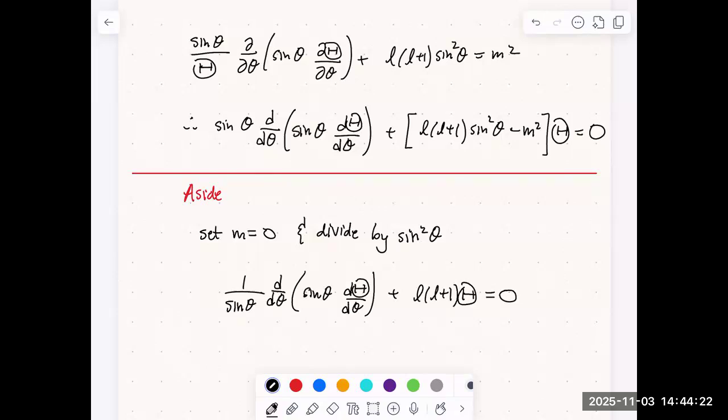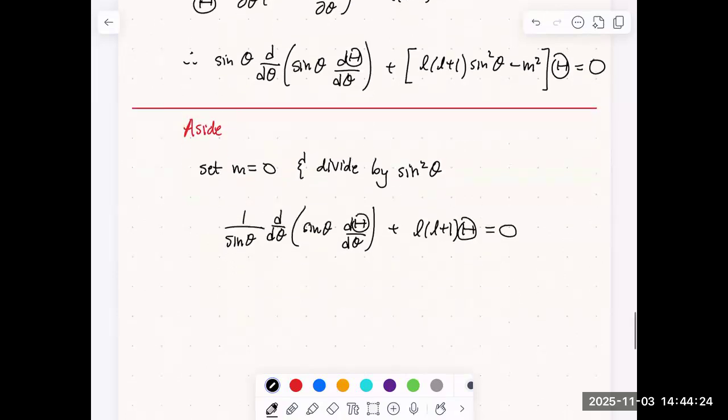Okay, so I'm going to make a change of variables. If x is equal to cos theta, then dx is equal to what? Minus sine theta d theta. And that means that d theta by dx is equal to minus 1 over sine theta. Okay, so we can see some of that stuff here.